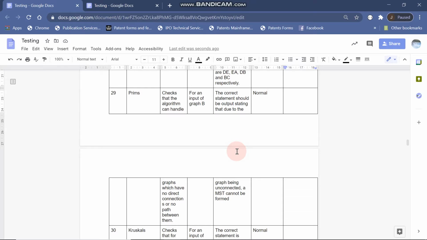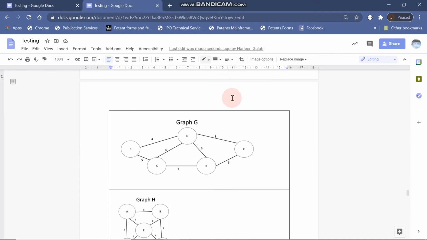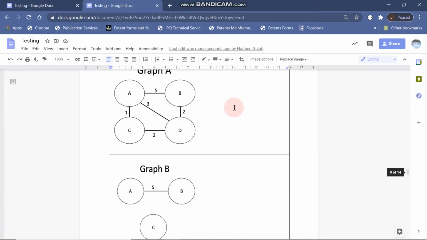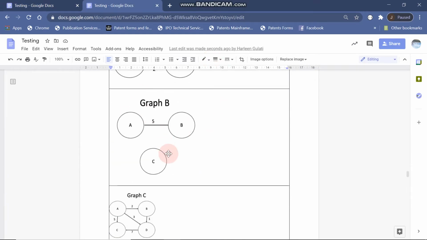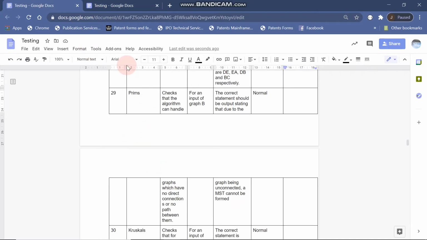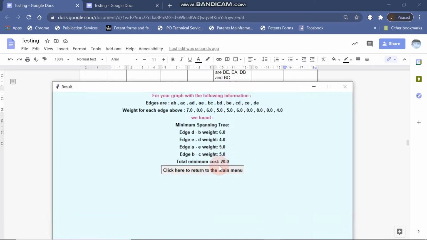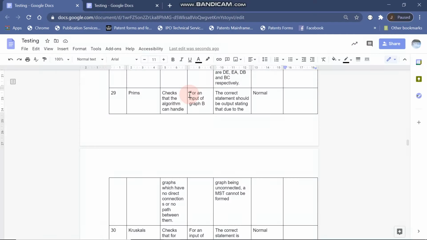And if you think about graph B, which we were looking at earlier, you can't form a minimum spanning tree because you need to include node C, but there is no way to include node C. So we need to reject any unconnected graphs that are passed into Prim's. So let's see if the system does that.